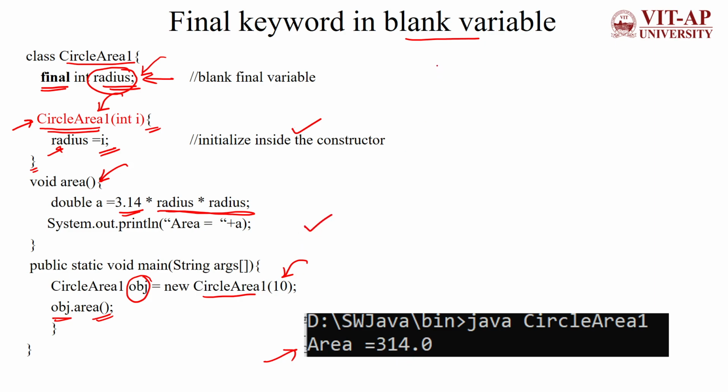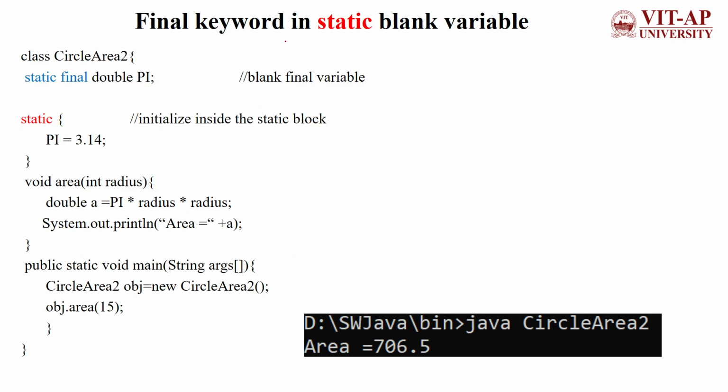So the blank variable should be initialized inside the constructor only. If you initialize it outside the constructor, inside a method for example, it will create a compile time error.